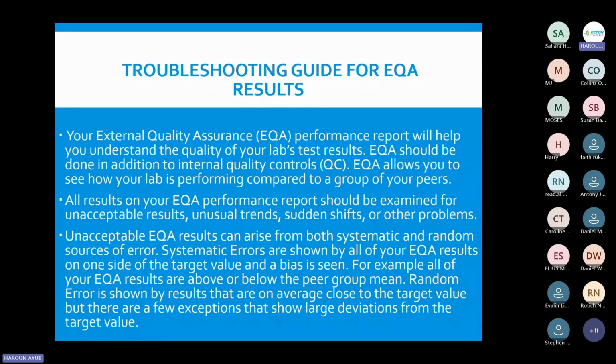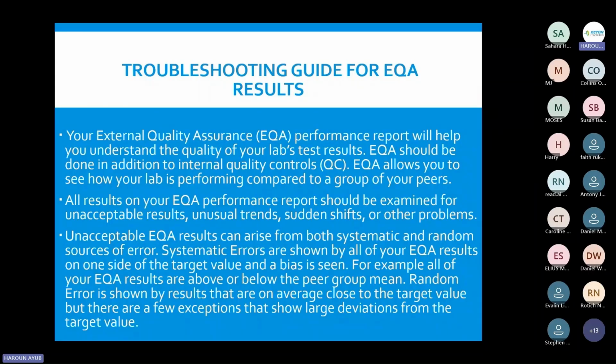Once you do an EQA, the EQA provider should give you training on how to interpret those reports. Case in point, there are statistics reports included in the EQA, and you need to understand what they mean and how they are calculated. The EQA provider should also give you notifications showing that this EQA has failed or has passed.